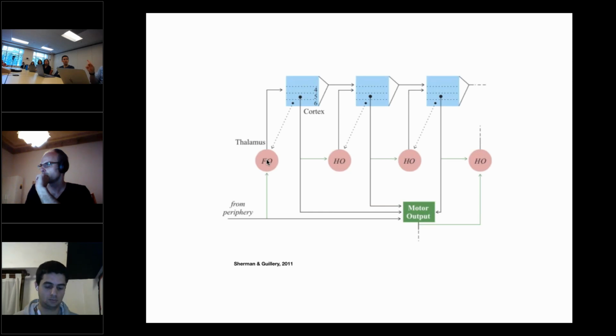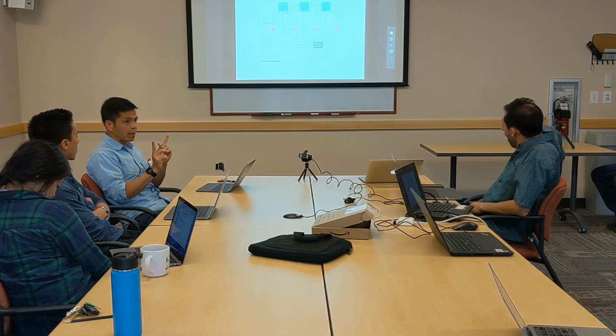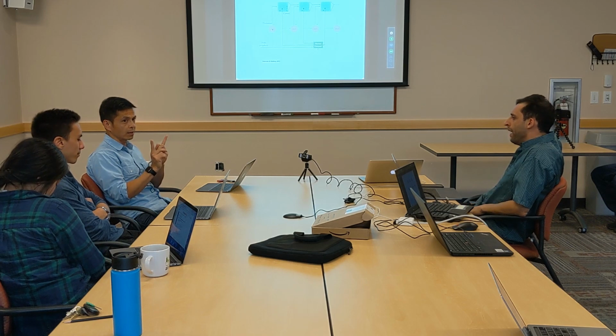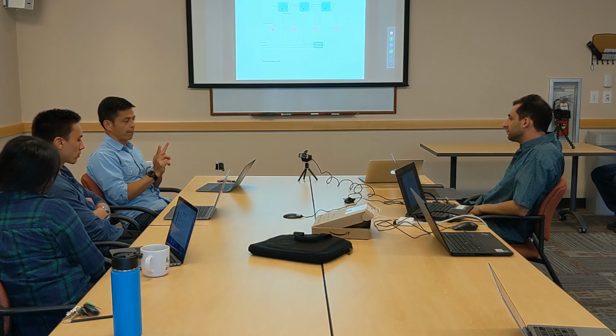It goes to a motor center within the brain stem. That's the superior colliculus and other areas that control head and eye movements. Okay? The same signal, a sensory signal, forks and goes to a motor center. So it's not conveying something different, it's conveying the same information.